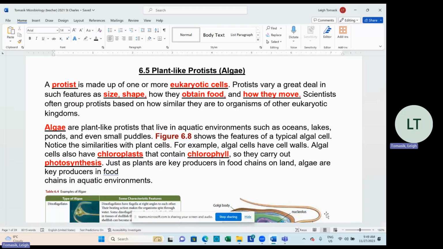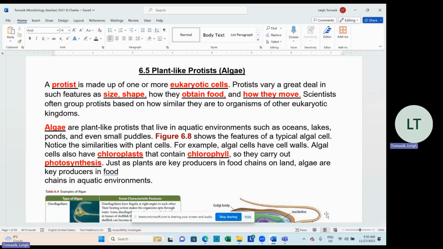There are also animal-like protists. Animal-like protists have to eat other things in order to survive. They can't do photosynthesis. And there are even fungi-like protists that have sort of a cell wall similar to other fungi. But we don't know about fungi yet. So we're going to talk about plant-like protists and animal-like protists.